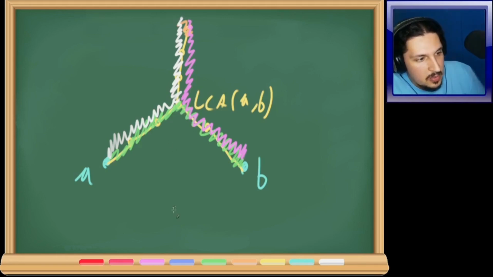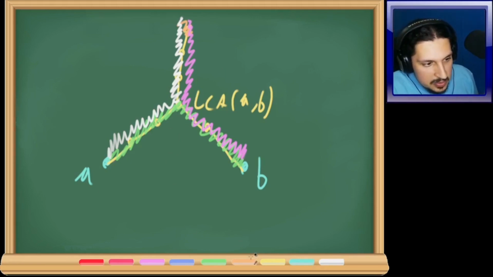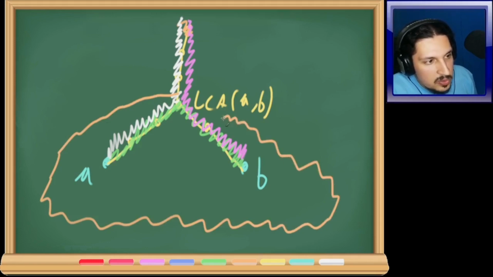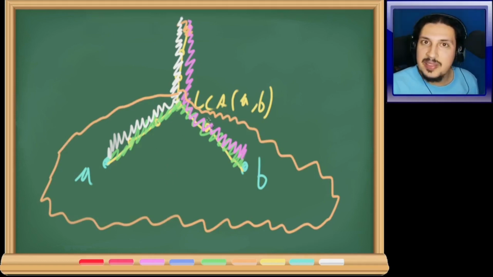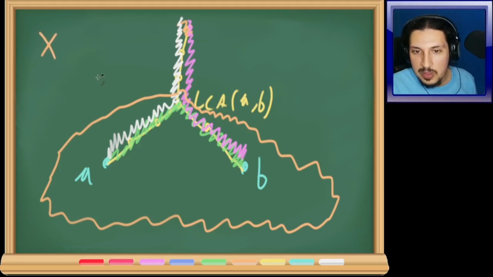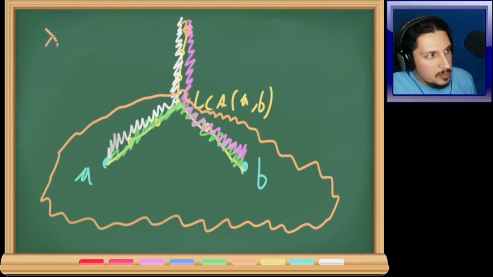But then we might also add the condition that in order to be in the path, our node X must be a descendant of the LCA, so it must be in the subtree rooted at the LCA. I've actually said ancestor or descendant 3 times. So for X to be on the path, we need 3 things: X must be a descendant of the LCA, and it must also be an ancestor of A or B, one of both.